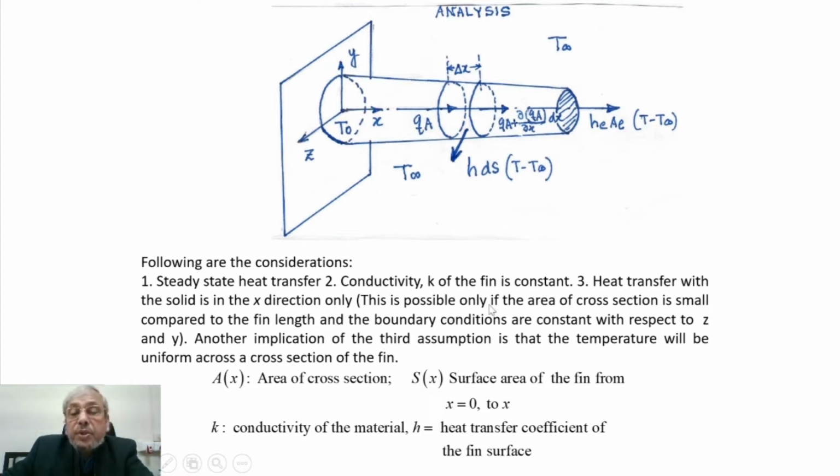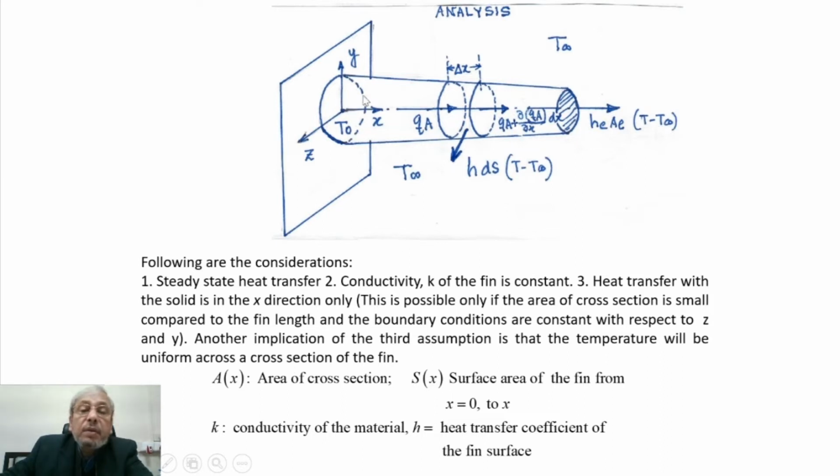This is possible only if the area of cross section is small compared to the fin length and the boundary conditions are constant with respect to the z and y directions. Basically the boundary conditions are the same around the periphery.